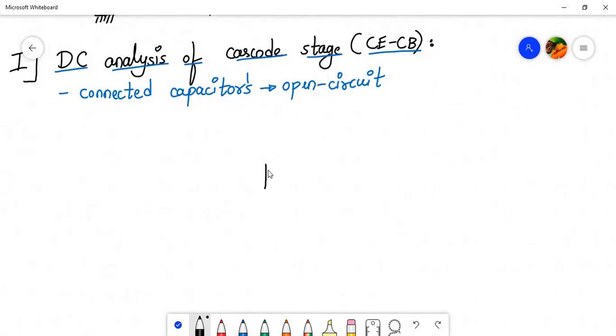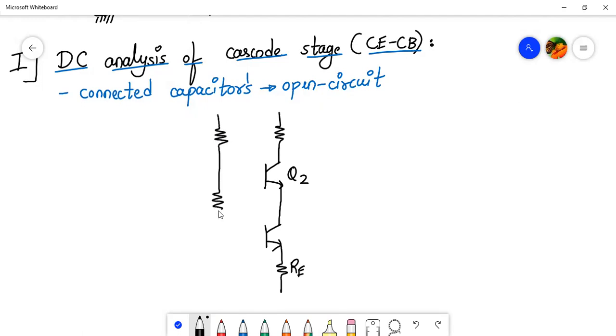So here is my Q2 and here is my Q1. Here we have RC, RE, then we have three biasing resistors R1, R2, and R3.